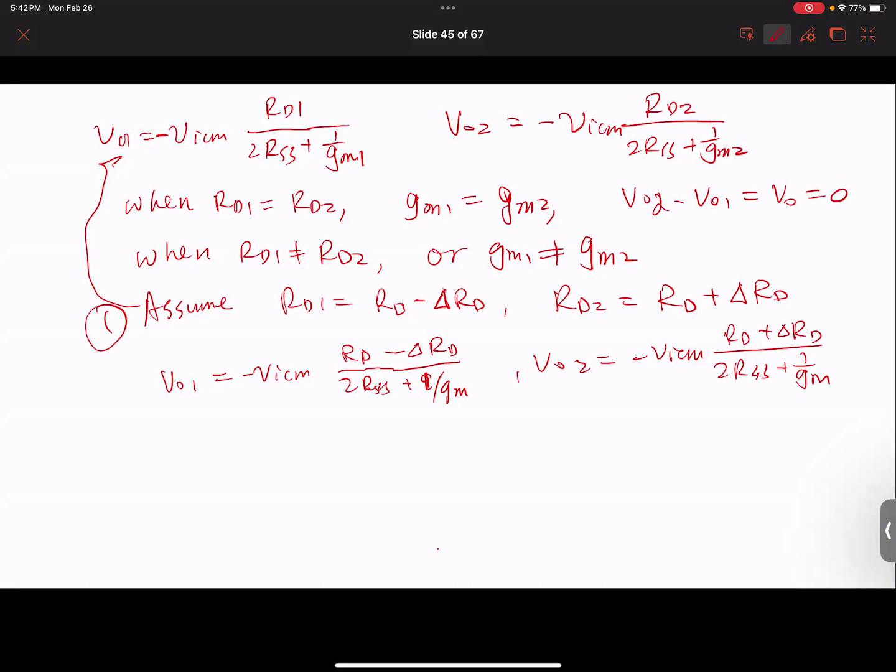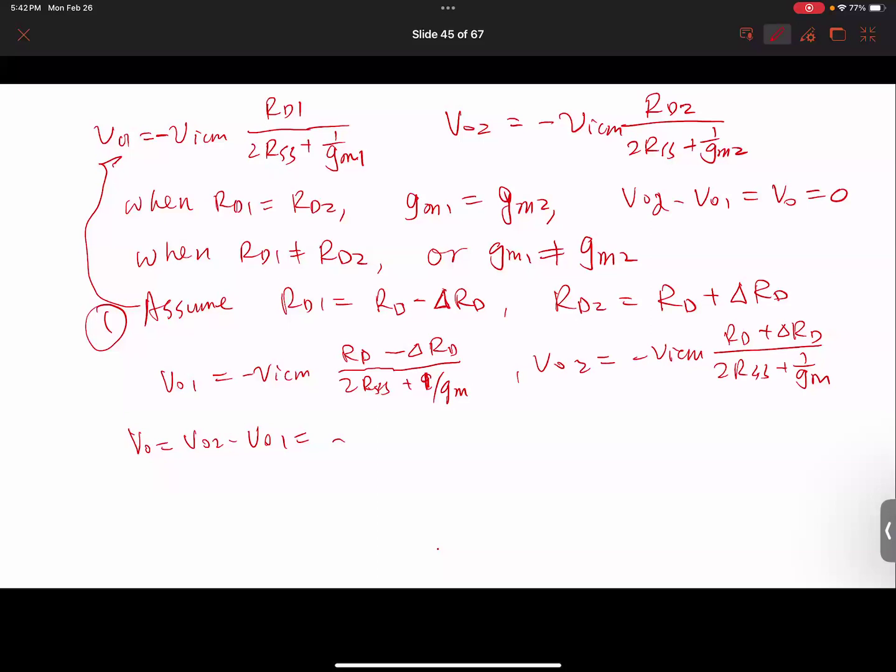In this case, we can use VO equals VO2 minus VO1. You can see the RD component will actually cancel, so what's left is really delta RD in the output. The rest is going to be the same.